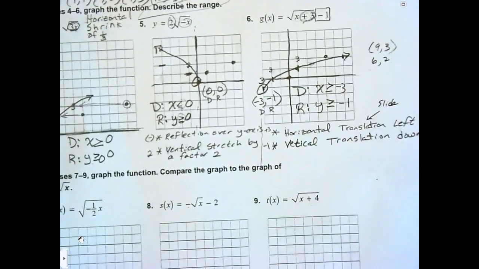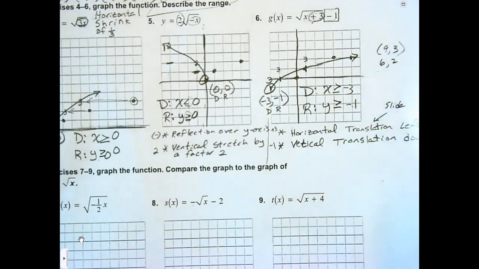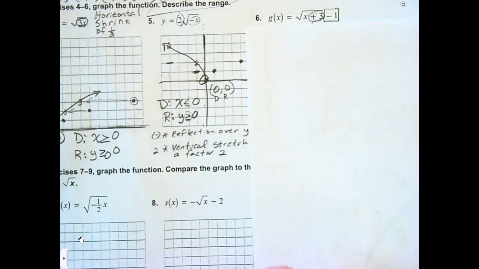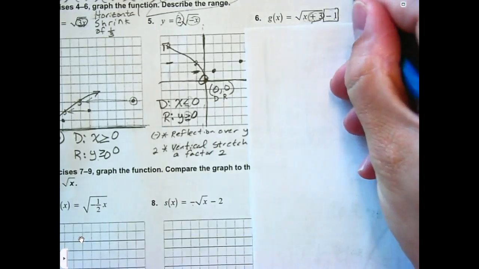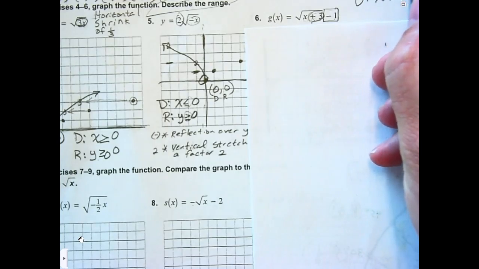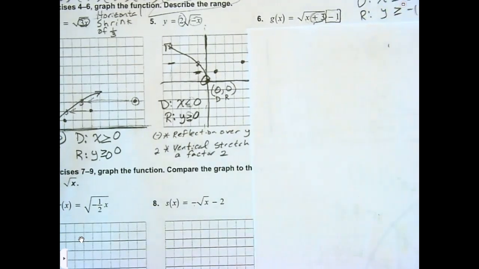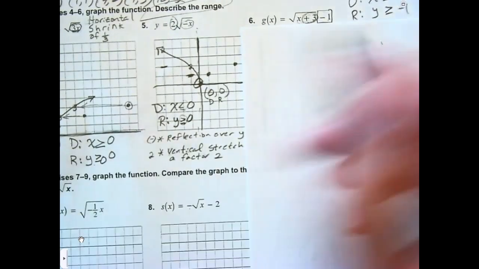On this last one, I want you to focus. Where could I have got that -3 and -1 from if I didn't have my graph? -3 and -1, where did it come from? It's the opposite. Everyone see it? Here's my -1.